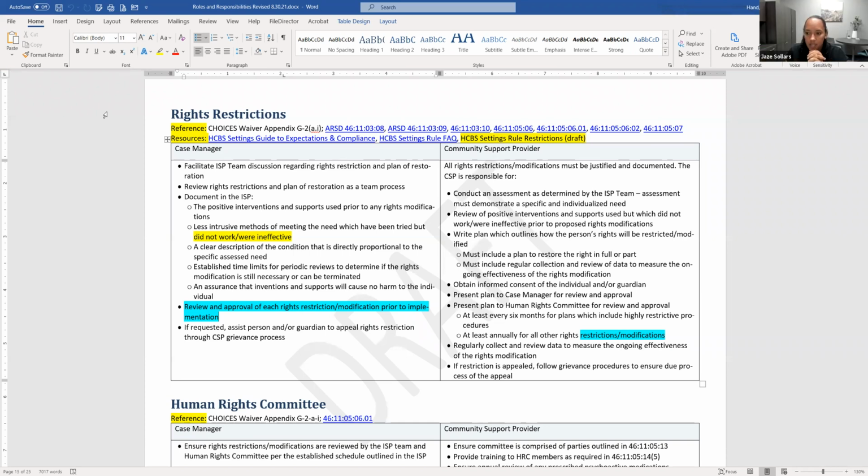Yeah, I think there would probably be some revisions that need to be made to the ISP guide. What we ultimately have to determine, and I would probably consult with DSS just to make sure, is that the federal authority is pretty clear about all of these requirements being documented in the ISP.